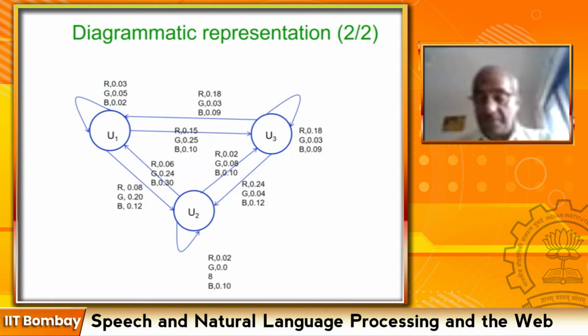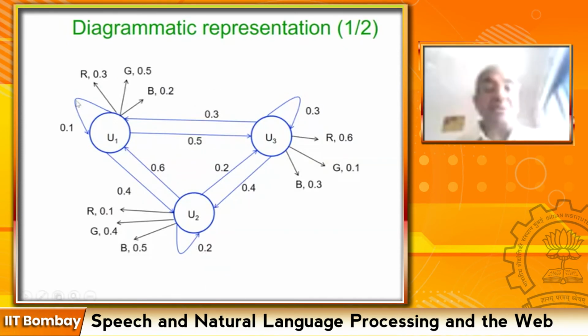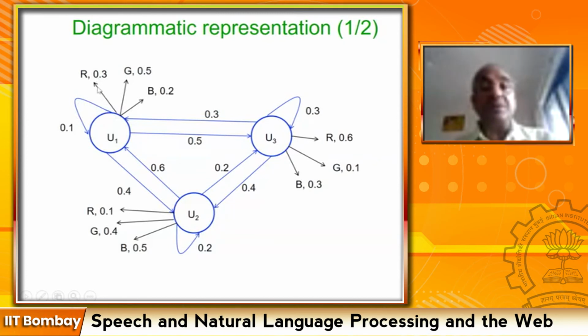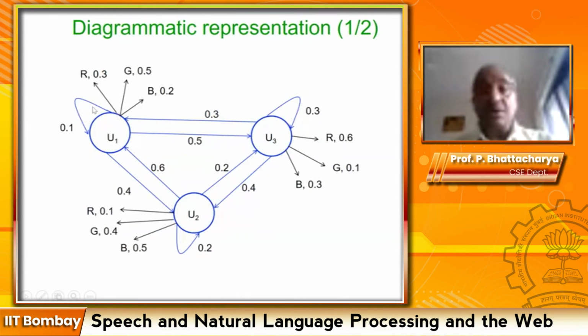Okay, if you had transition probability, then you need one arrow to come to U1 and the 3 arrows for the 3 emissions R, G and B. But it turns out that you can multiply the transition probability with the emission probability and just reduce these 4 arrows to 3 arrows, okay, and all of them coming back to U1.